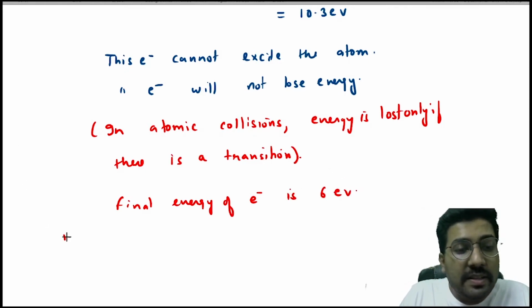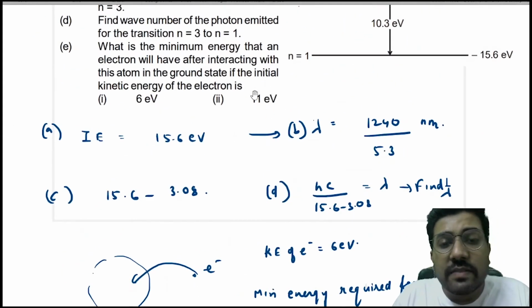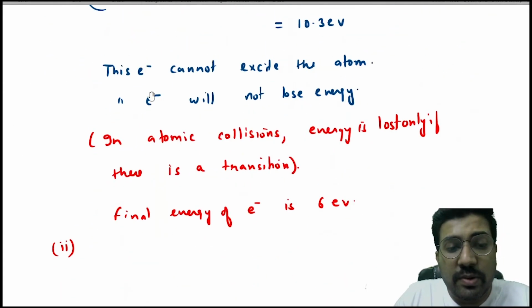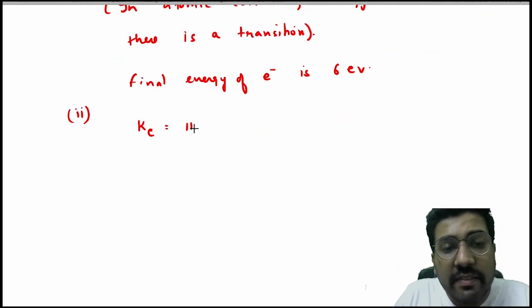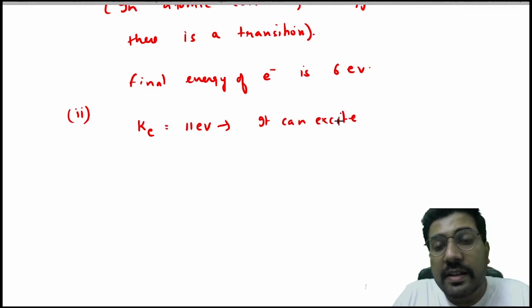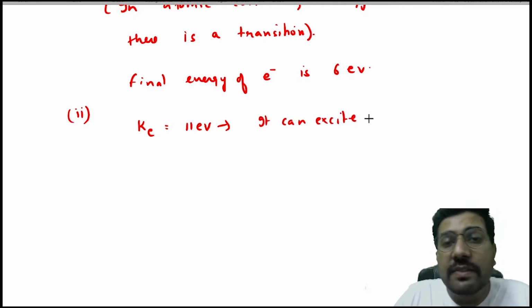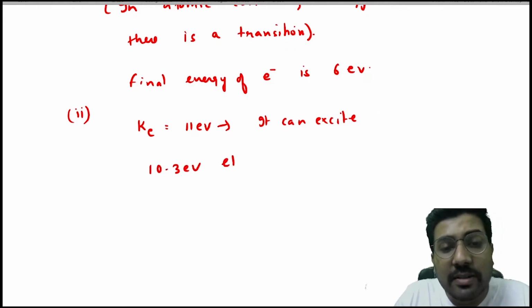But there is a B part here, and in this B part the energy of the electron is 11 electron volt. Now if the kinetic energy of the electron is 11 electron volt, then it can excite. And if it excites, then 10.3 electron volt energy is lost in excitation.